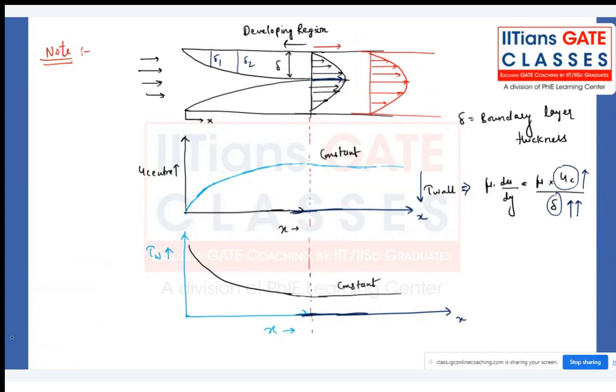Because for a fully developed region, wall shear stress can be written as mu into uc divided by delta, and this is constant, this is also constant. Delta will remain constant, uc will remain constant. Nothing will change. So that's why it is constant.